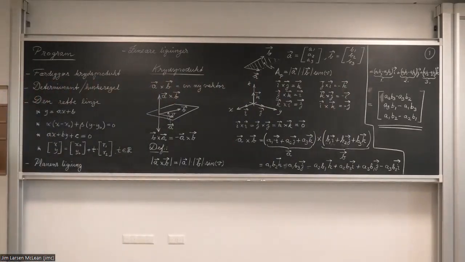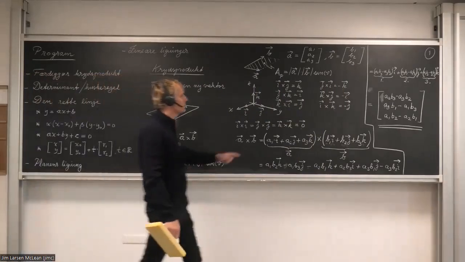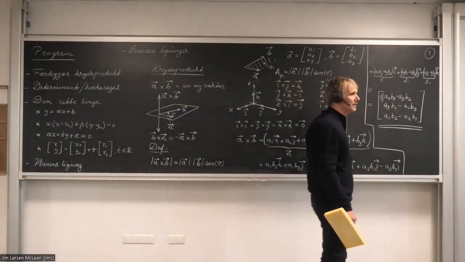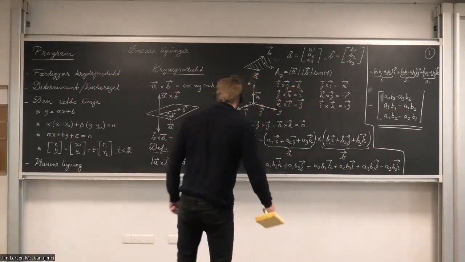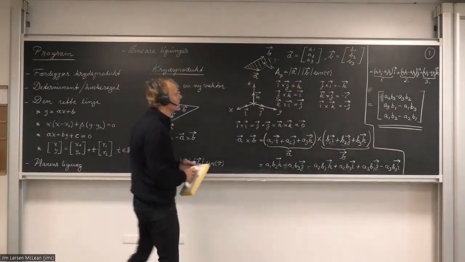So let's see if we can figure out how to make a cross product just by using what's written there. And now I'll show you how you could have made it a bit easier than what it says there.